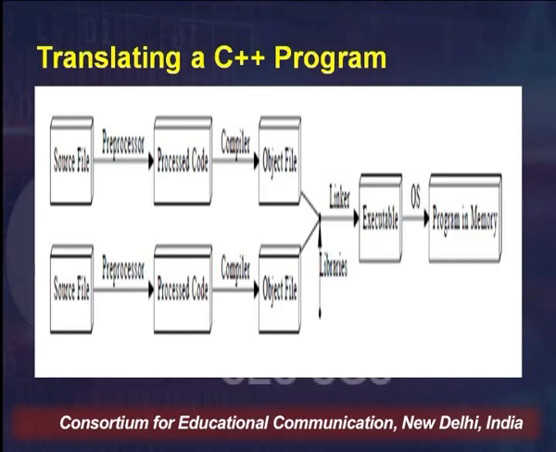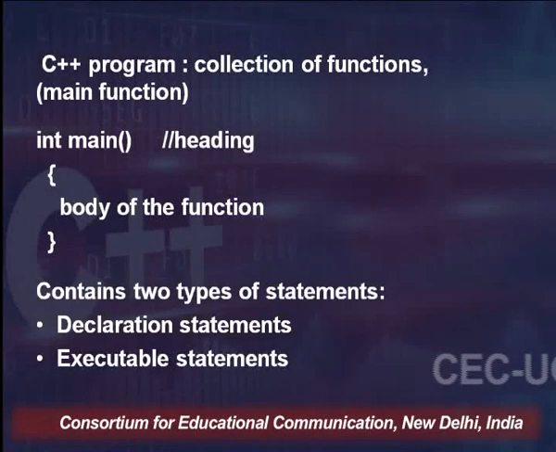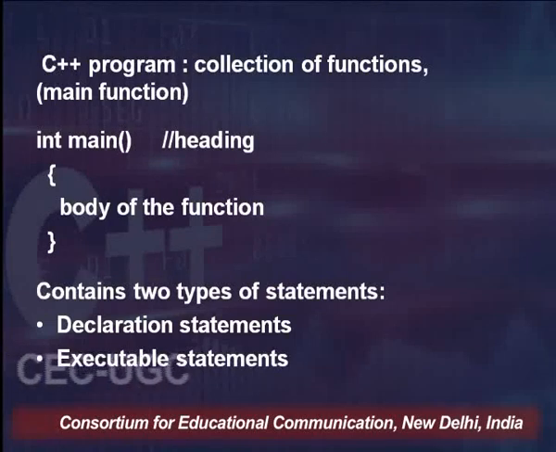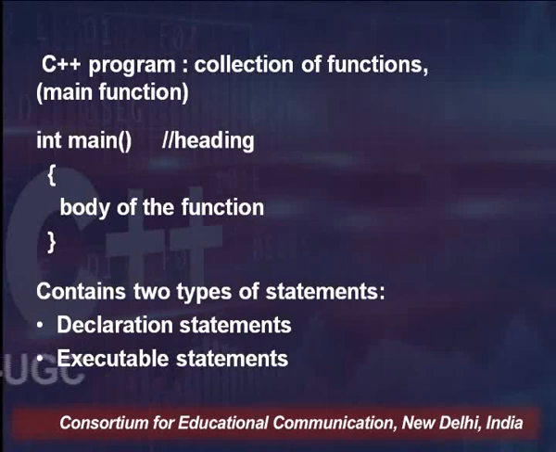So here are the steps of translating a C++ program from source code till .exe or executable code. Now coming to a C++ program. A C++ program we can see as a collection of functions, and one function which we have seen till now is the main function.